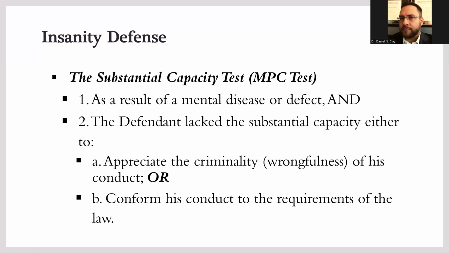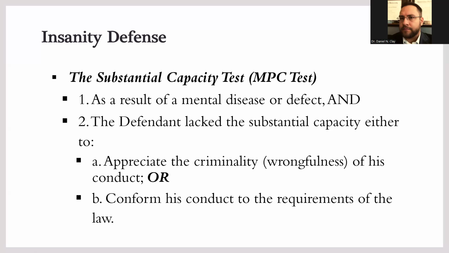So again, the crime had to be a result of a mental disease or defect, but just having a mental disease or defect does not negate your mens rea. It also requires that you lack the substantial capacity to appreciate that what you did was wrong or to act in a lawful manner. These are the things you would have to prove.